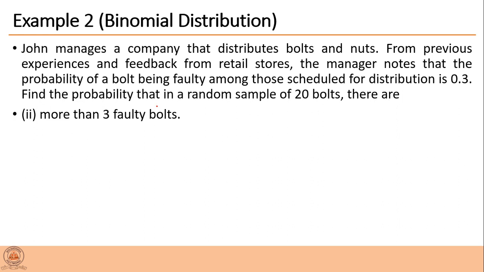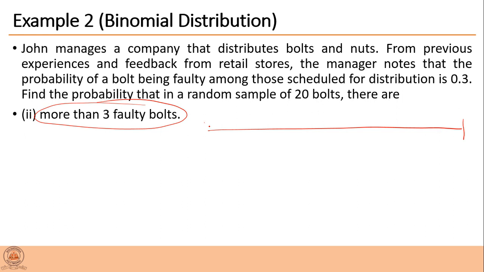The second question is, what is the probability of getting more than 3 faulty bolts? Now, this one I have demonstrated already somewhere on a number line. We are going to have it from 0, because we can have 0 faulty bolts, and we can have all 20 being faulty. The question is more than 3.